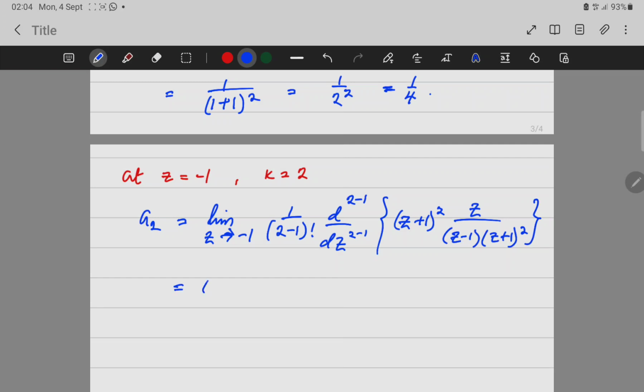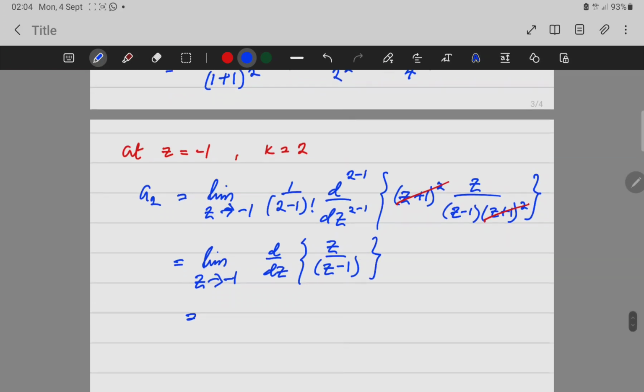And if you simplify this, you have the limit as z goes to minus 1 of 1 over 1 factorial, d/dz, and this will cancel out. So we have z divided by (z minus 1). It is this one that we now differentiate.